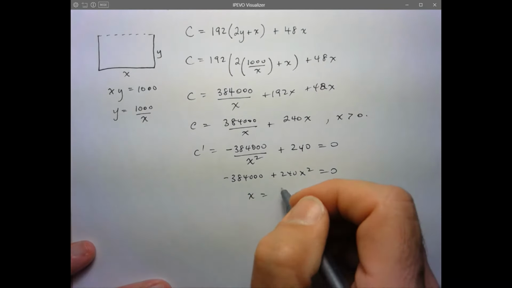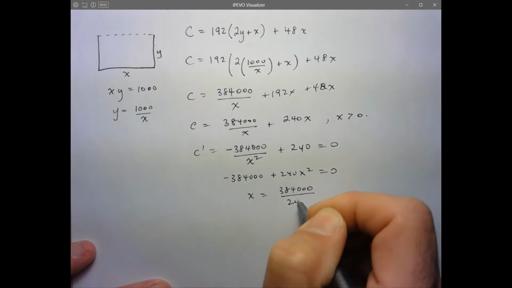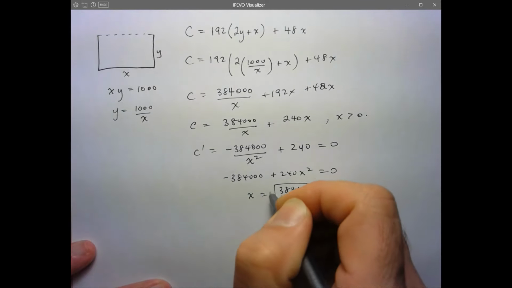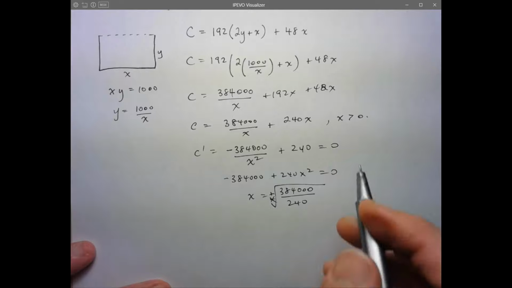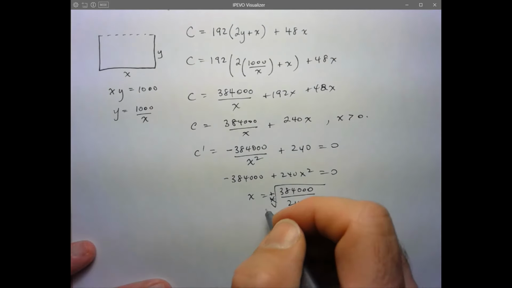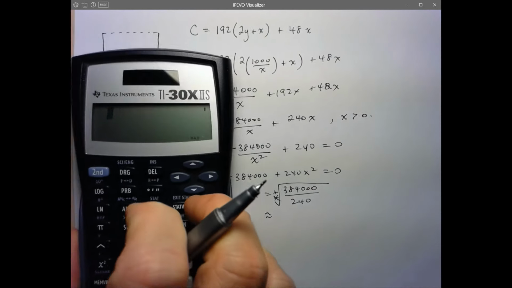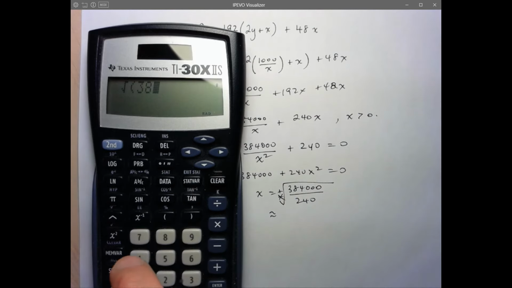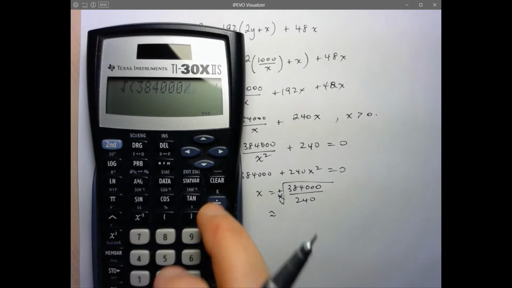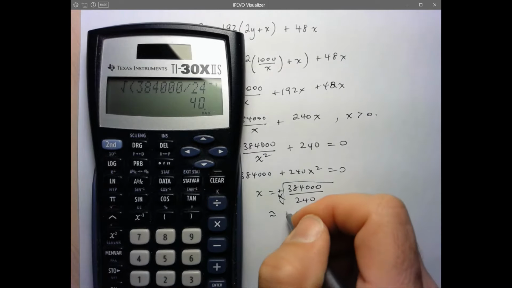First I'll bring the 384,000 to the other side, divide by 240, and then take the positive and negative square root, but of course I'm not interested in the negative square root because x is going to be bigger than 0. As an application type question, I'm definitely going to approximate this. The square root of 384,000 divided by 240 gives us 40.